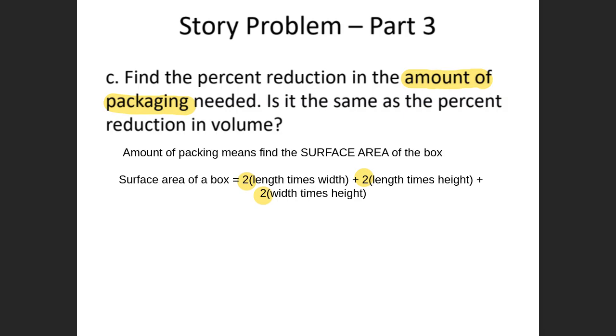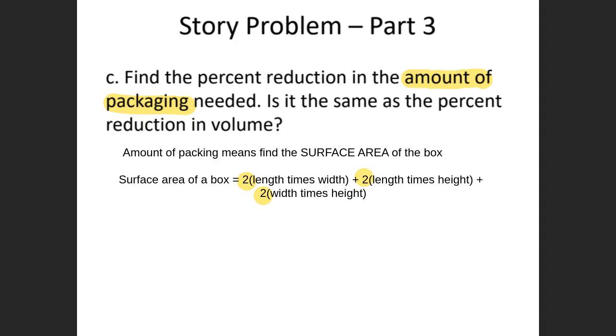When we, in our last session, found surface area, we had to look at the 6 faces of the pictures. Well, here, our box does have 6 faces. Those faces are depth and width and height.